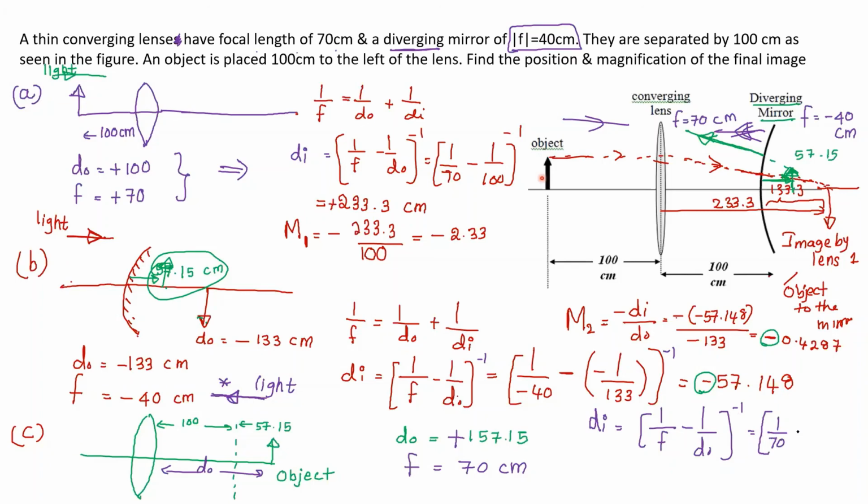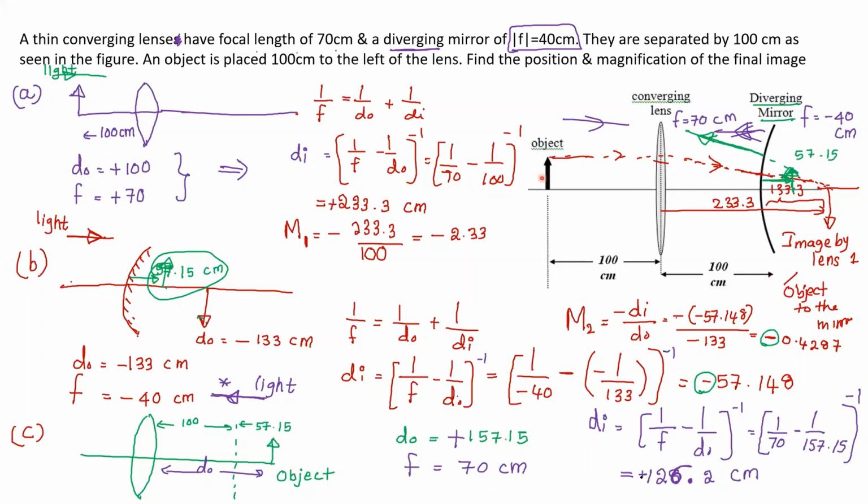So I got an answer. This is 70, this is 157.15. So when I do this, I get 126.2 centimeters, and it is positive.